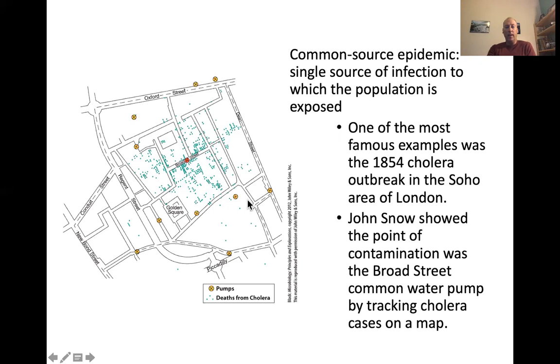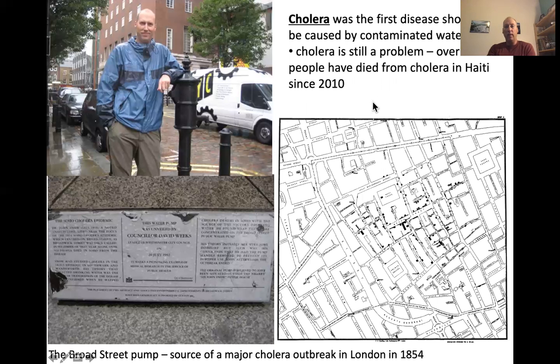So he connected the cholera to a particular water source, which he believed was the cause of it. And there's a lot more to this story. If you're a microbiologist or an epidemiologist or a public health person and you're ever in London, a lot of people stop by the Broad Street pump. This is me there in 2010 when I was teaching in Denmark, and we did a little trip to London and happened to be in the area.